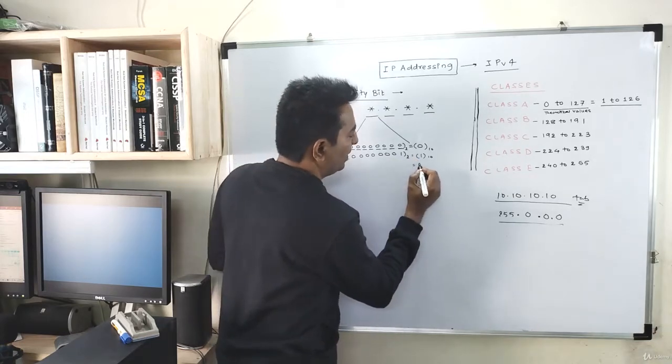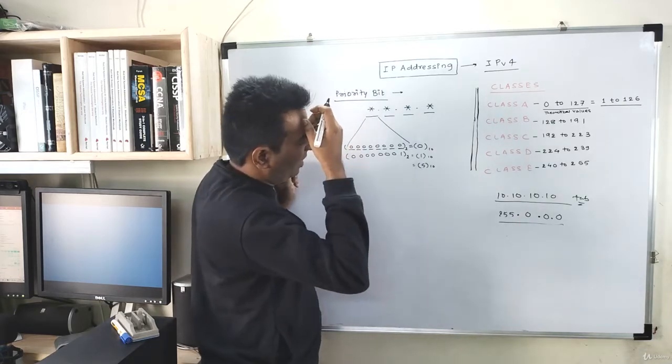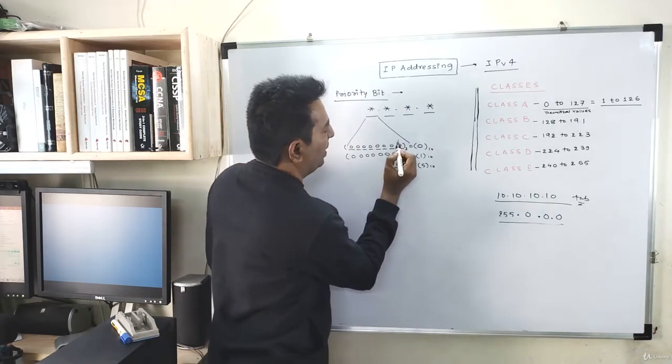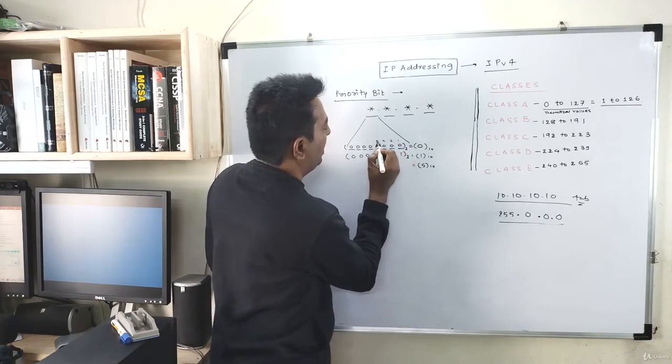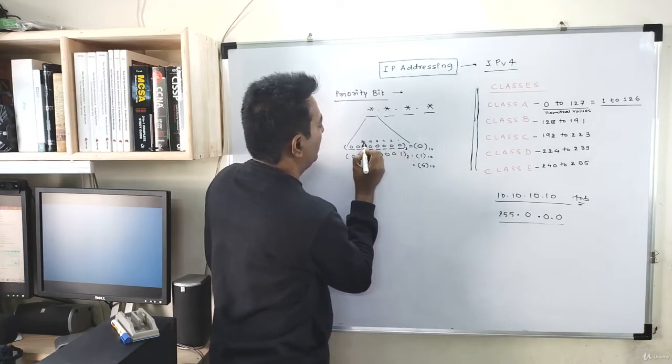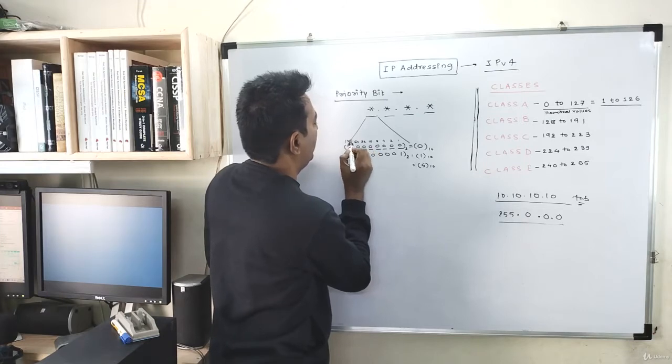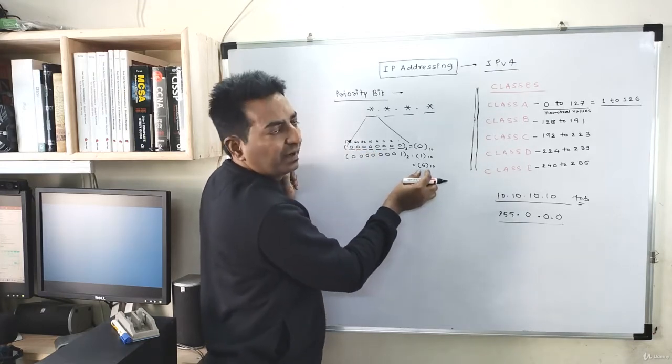If you want 5, let me take a random value. So it is 1 2 4 8 16 32 64 and 128, right? I want to achieve decimal 5.